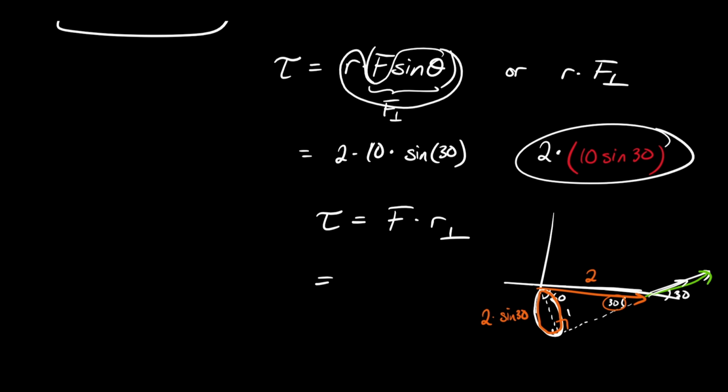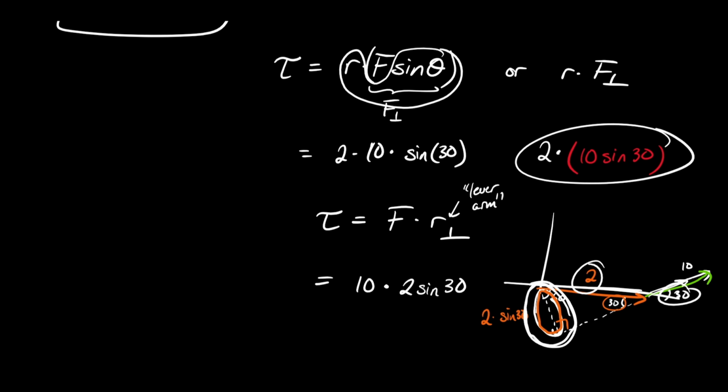You should just multiply by the length of this leg for your r, multiply by the size of the force, which is 10, and there's no extra multiplication by sine of 30 afterwards. The sine of 30 has been packaged into the fact that you're using this leg instead of the total size of r. And again, here, r and sine theta together comprise the lever arm, just like before.